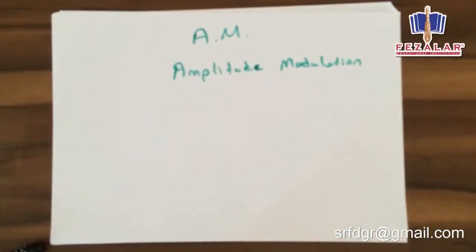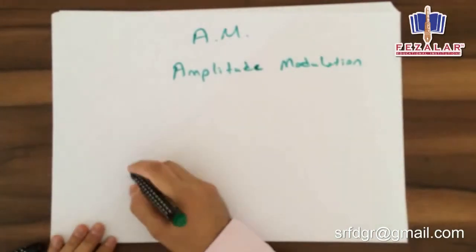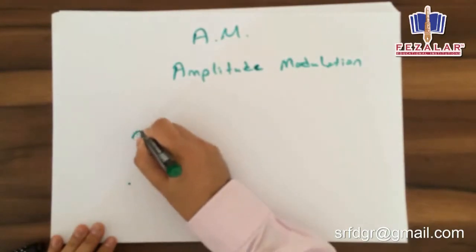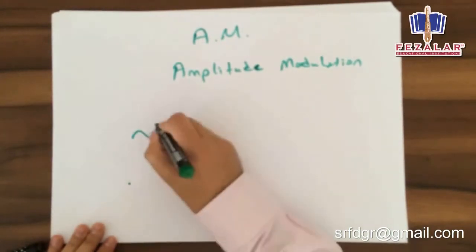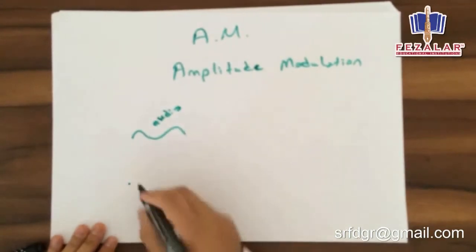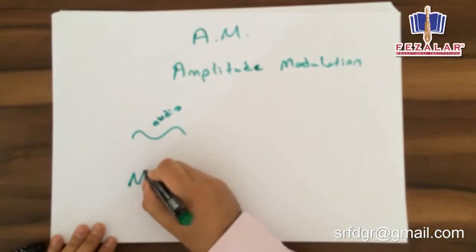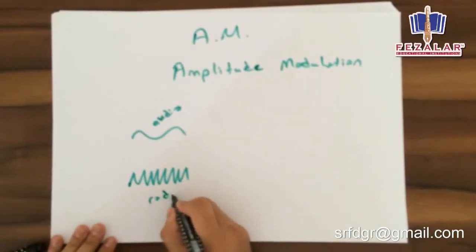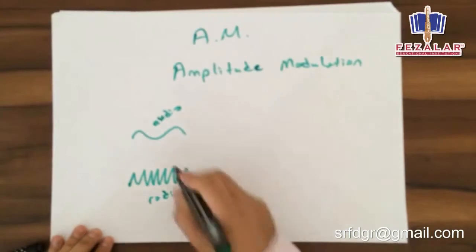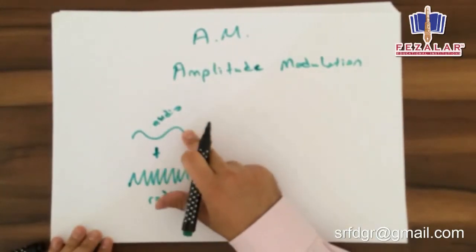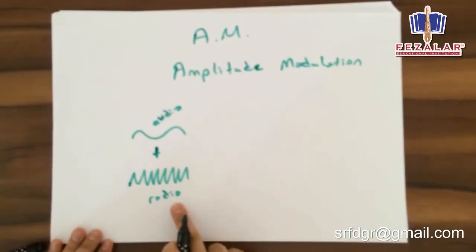In amplitude modulation, this is our, for example, carried wave. This is our audio wave, low frequency audio wave. And here we have a high frequency radio wave. This low frequency audio wave is carried by the high frequency radio wave.